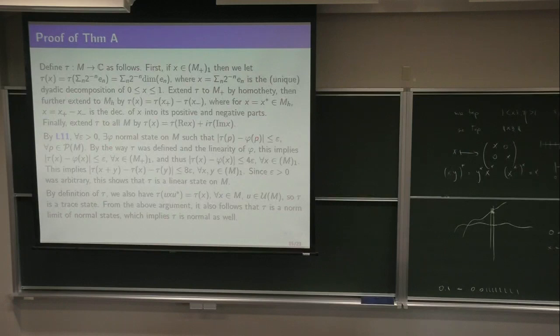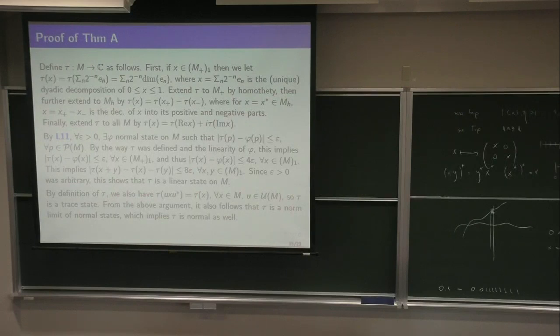We put it differently, but it shows that the dimension minus phi is less than epsilon. By linearity, this will imply that on the unit ball of the positive part it's less than epsilon, and so for the real part you lose a 2 epsilon, and then for all x in the unit ball, 4 epsilon. And so for the addition, you have less than 8 epsilon. So that's it. It's over.